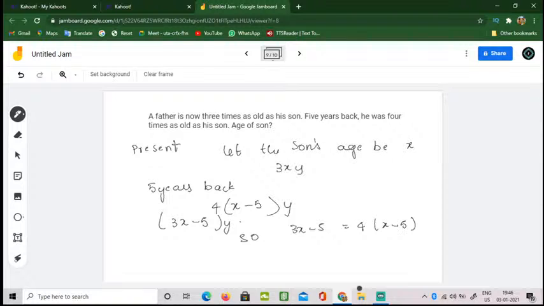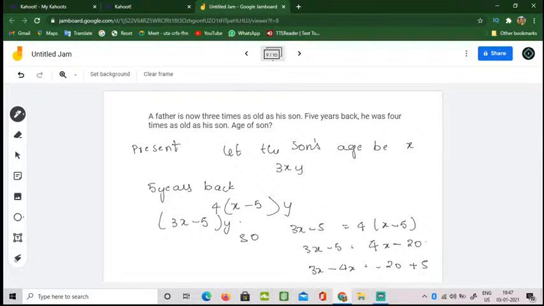We equate both, so that 3x minus 5 equals 4x minus 20. So we can take all the x's to one side. If minus 5 goes to that side, it becomes plus 5.